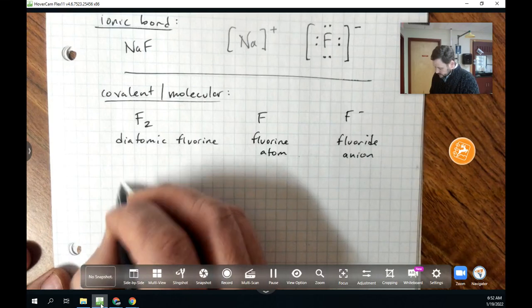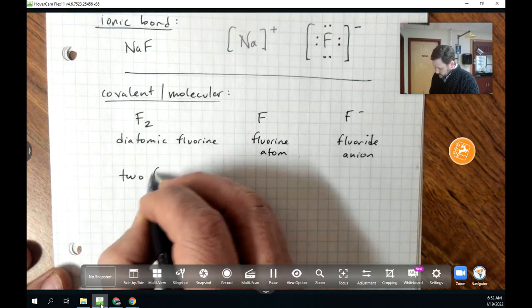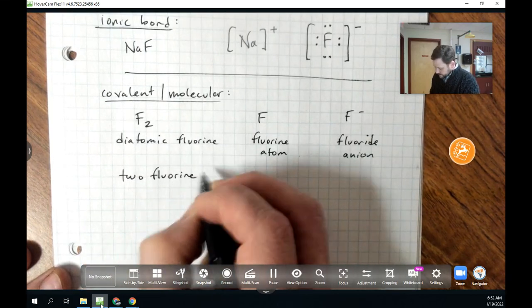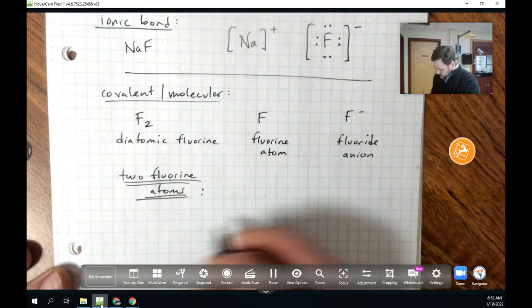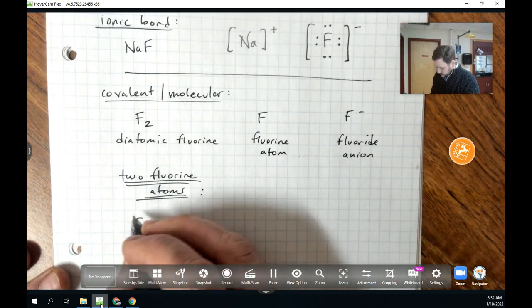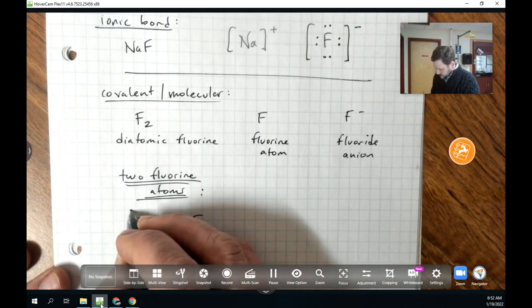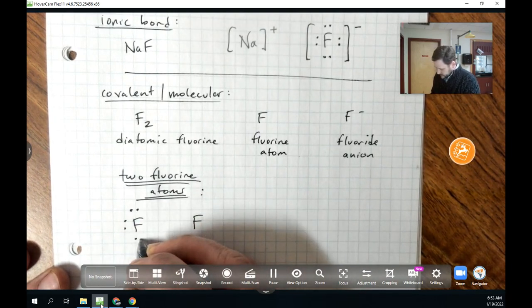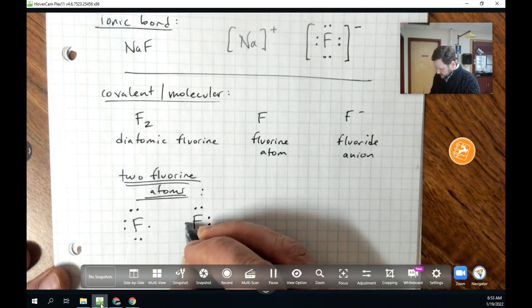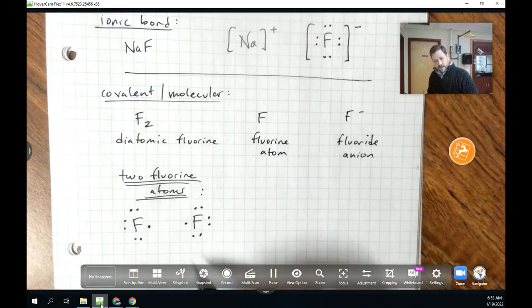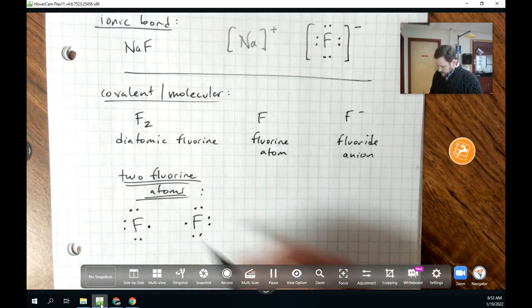So for instance, here are 2 fluorine atoms. Just to be clear, that's what this is depicting. I'm going to draw one on the left here with 7 dots. And on the right, I'll draw one with 7 dots as well, only I'll put the vacancy on the opposite side.